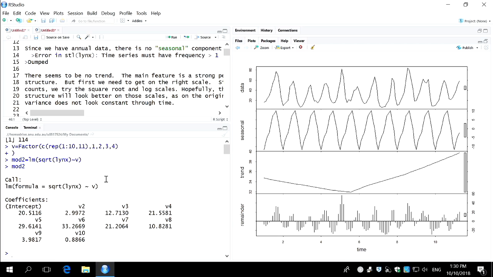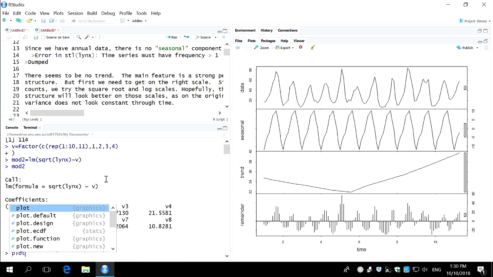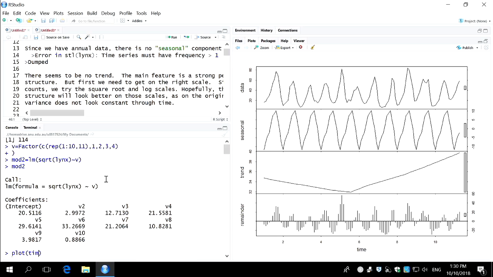Okay? All right, let's plot time of links versus square root of links. Let's do that. Type equals B. We'll make a type equals L actually. The dots are just going to get in the way.